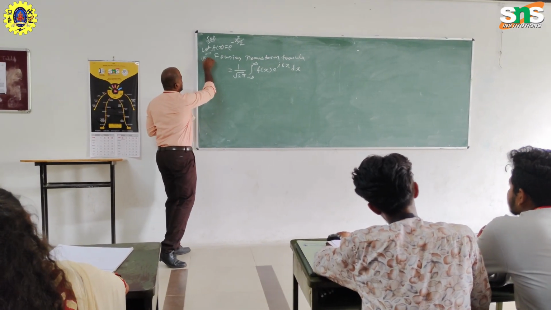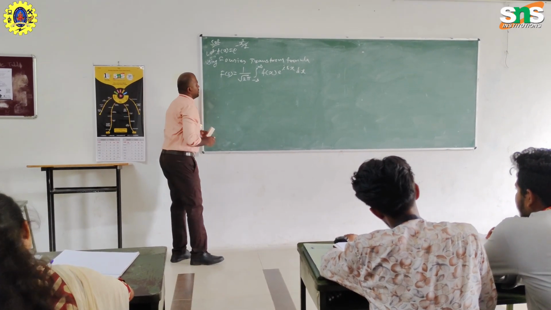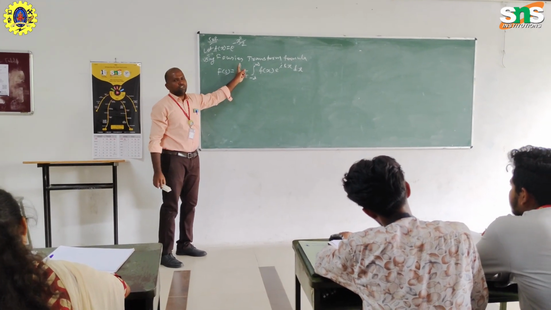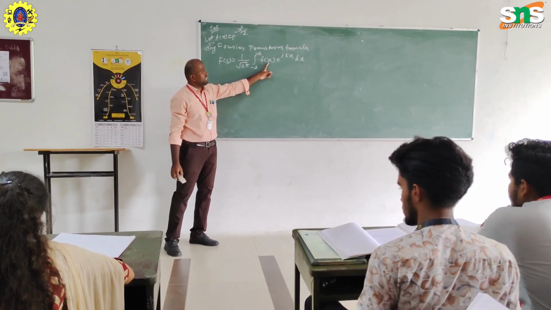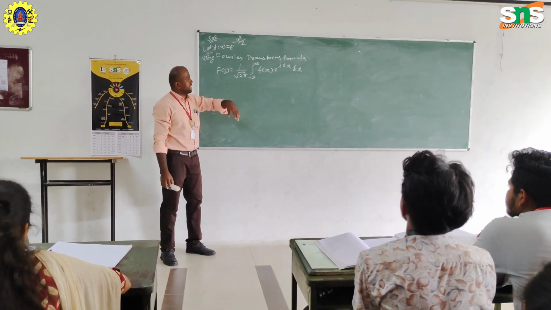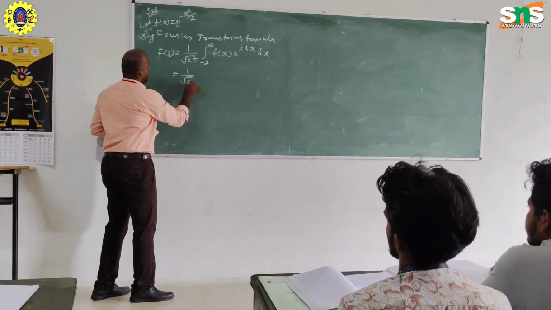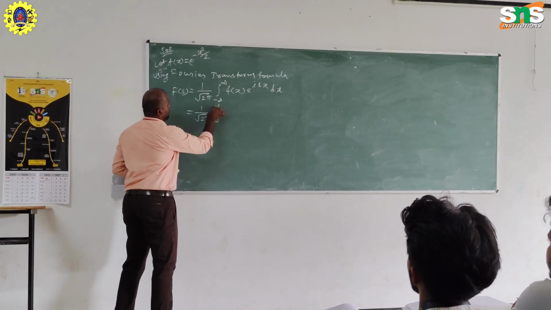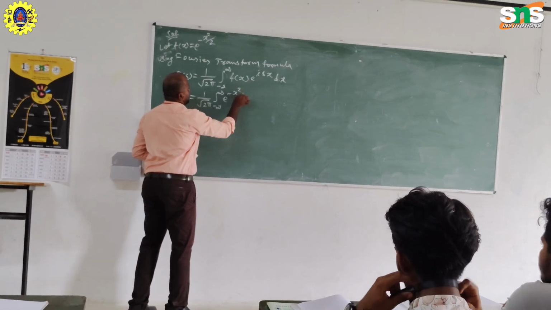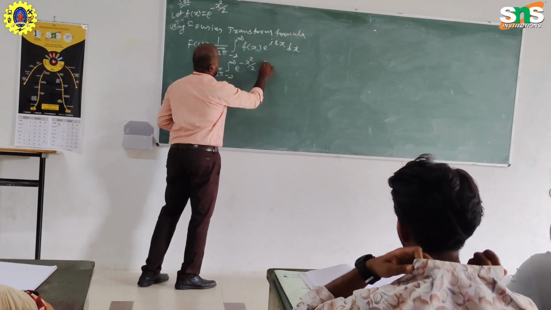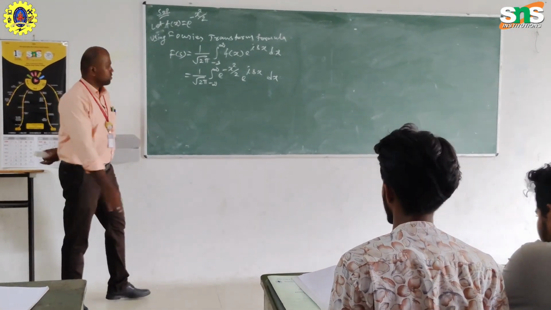Using Fourier transform, the Fourier transform formula is F of s equal to 1 by root 2 pi integral minus infinity to plus infinity f of x e power isx into dx. Therefore, 1 by root 2 pi integral minus infinity to plus infinity e power minus x square by 2 into e power isx into dx.